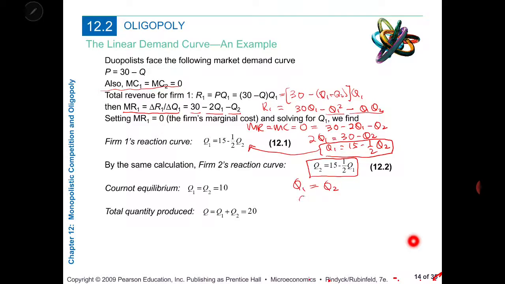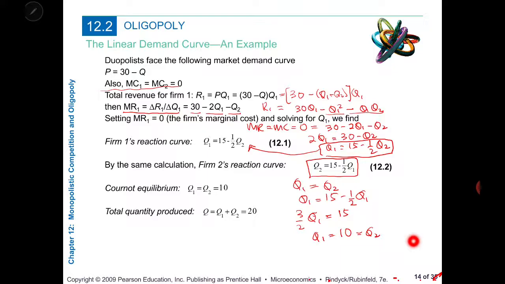Let's say we take one of them, Q1 equals 15 minus half of Q1, because Q1 equals Q2, right? So you get 3 over 2 Q1 equals 15, Q1 equals 10. And since Q1 equals 10, Q2 also equals 10.